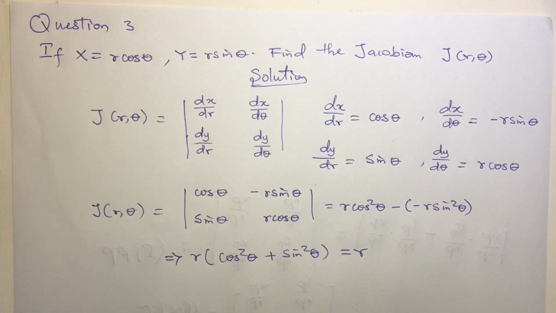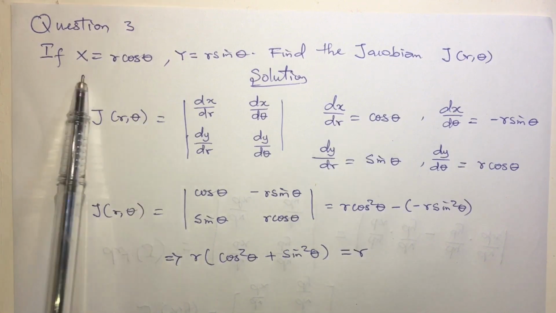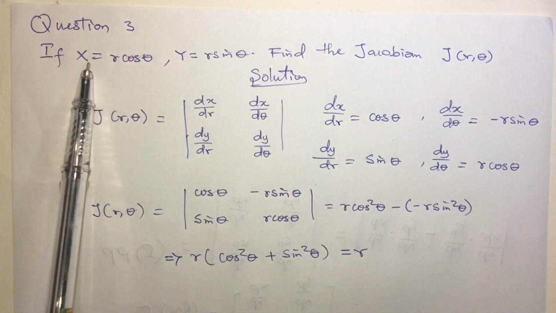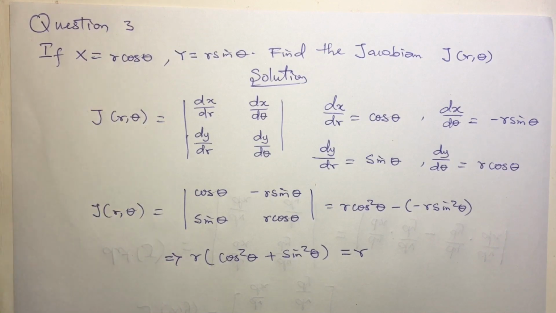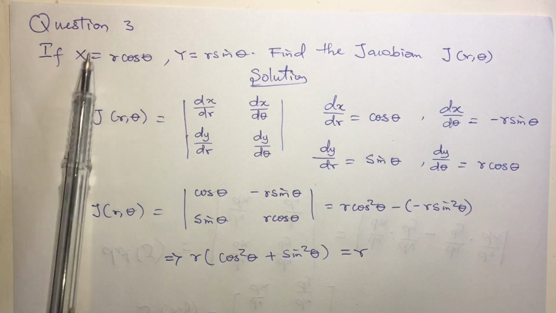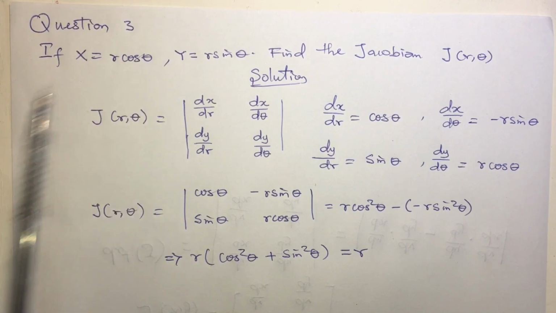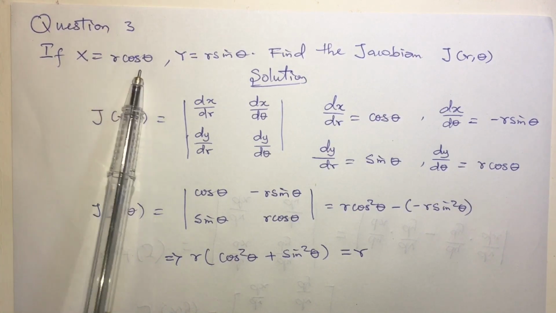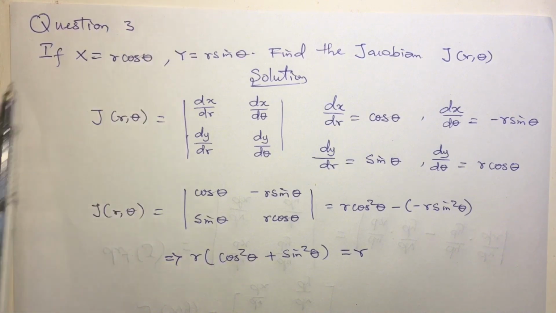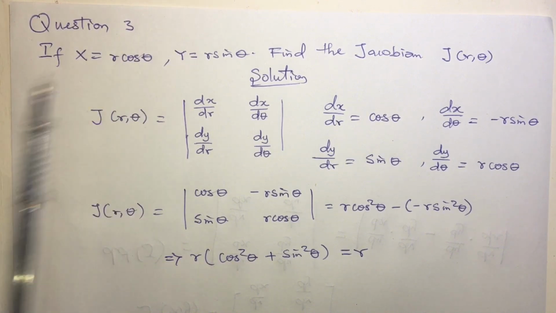The same thing for the second function. So the x over the r here, when you differentiate this function x with respect to r, we have cos theta. And when you differentiate the same function with respect to theta, we have negative r sin theta. Because differentiating cos theta, we have negative sin theta.